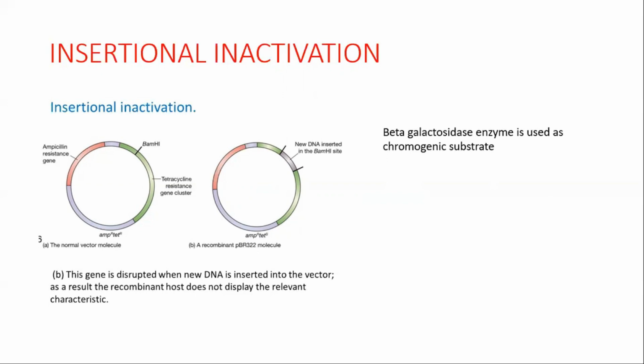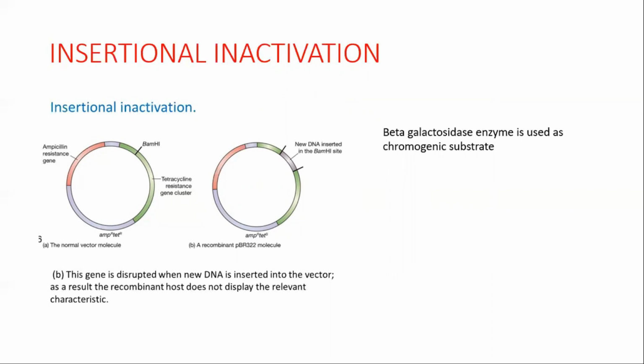Since there is no insertion of foreign DNA into the vector, the beta galactosidase gene is intact. So when you introduce the substrate into the media, it is going to produce color. So non-recombinants will produce color.